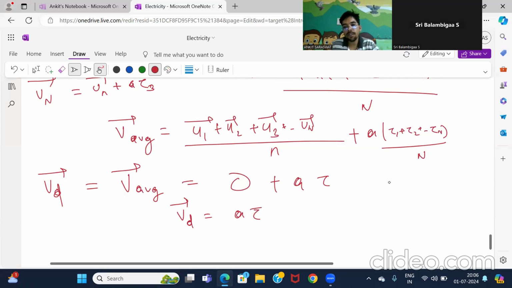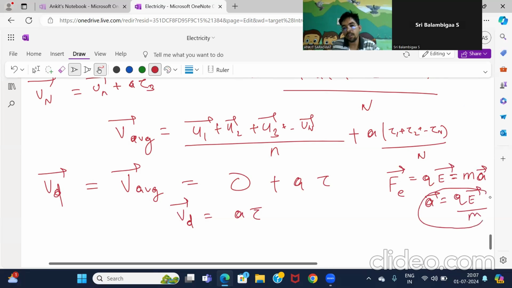Now what is a? How much is the electric force? Electric force is Q into E. Then F is equal to mass times acceleration, since the charge particle also has mass. Can I write like this? Then acceleration will be QE by m.